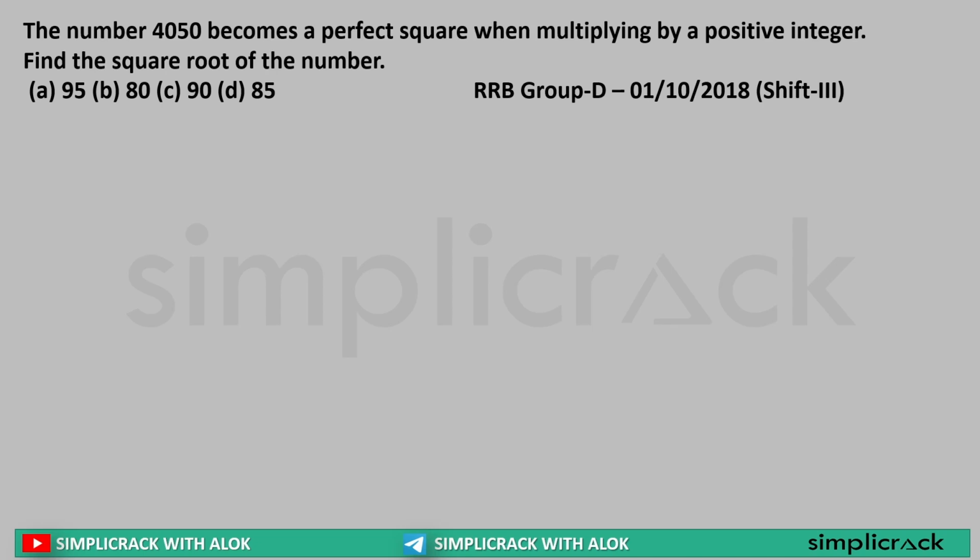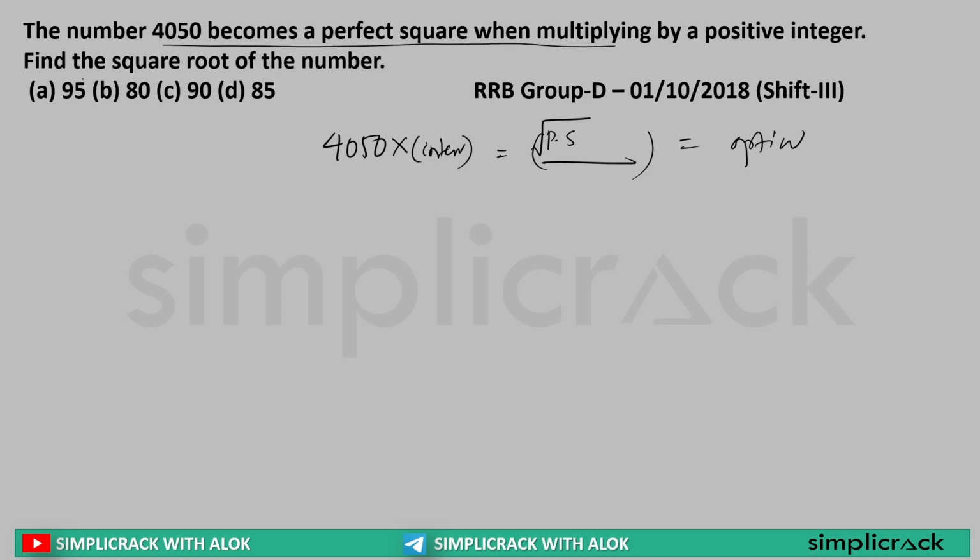It is saying the number 4050 will become a perfect square when you multiply an integer with it. Now, if you take the square root, you will get the option. That is what the question is all about. Find the square root of that perfect square number.